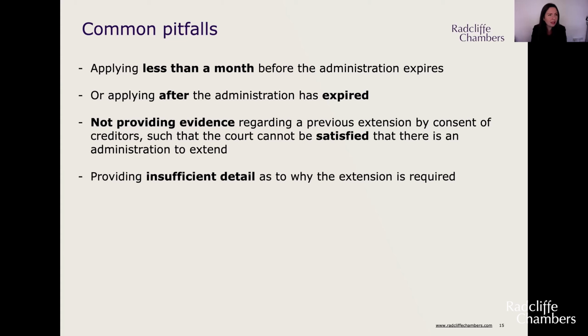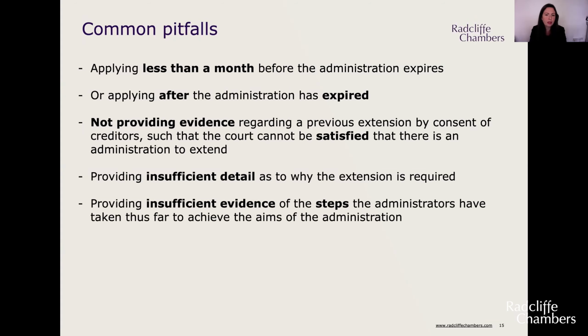It will often seem like you're stating the obvious in the witness statement, but put in the reasons. As I say, if they are that COVID has delayed your prospects of recovery, then put that in. If there's some long-running piece of litigation, and the reason is as simple as the litigation is still ongoing, put it in. Just explain very clearly to the judge why they should extend this administration.